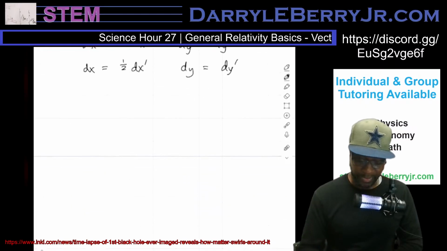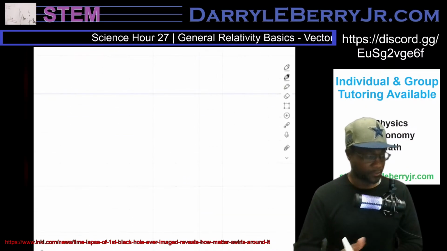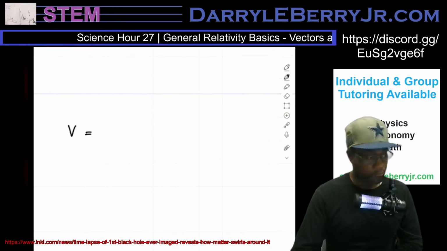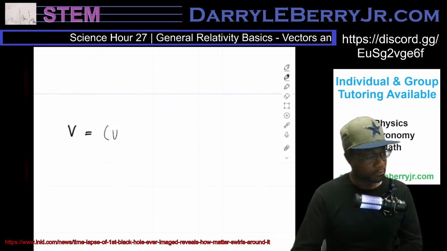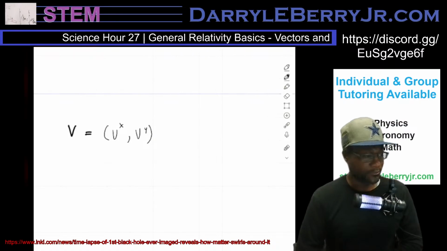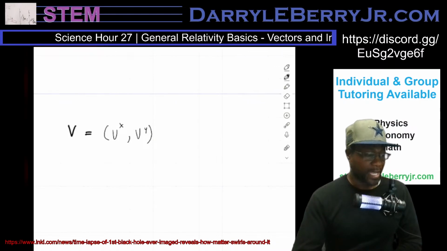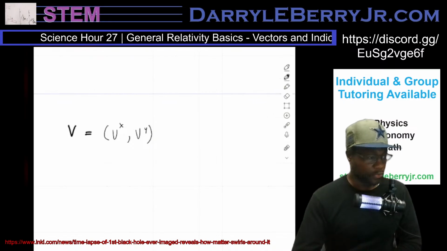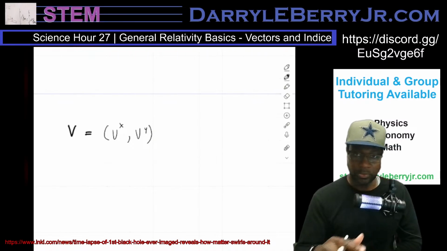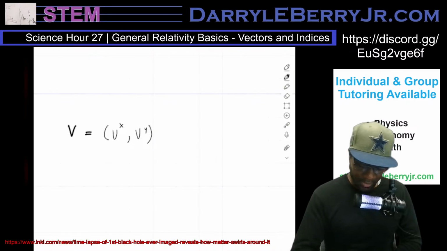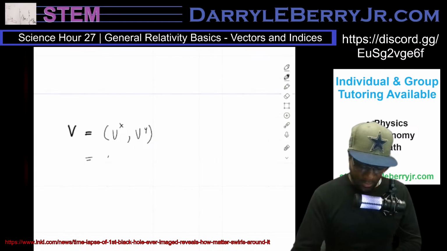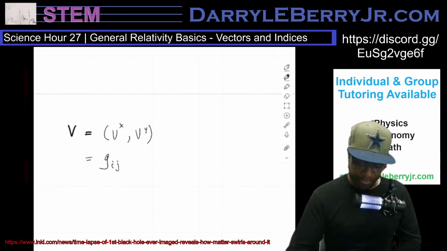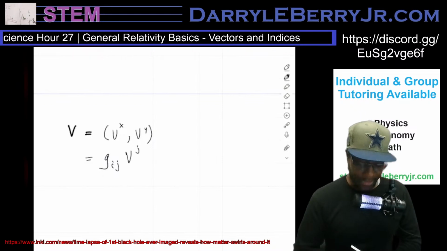Now, as an aside, so we can take a look and see what we're going to be doing in the future, if I have a vector, it's going to be vx, vy, and if we're looking at our normal coordinate frame, our original coordinate system, the vector looks like this. We have a metric. That's what G is, a metric. And we have Vj.